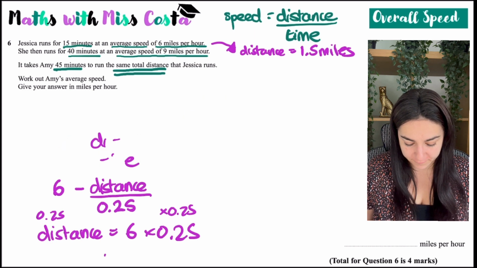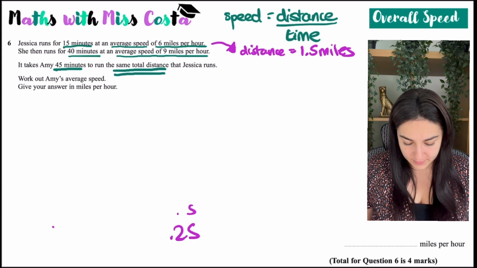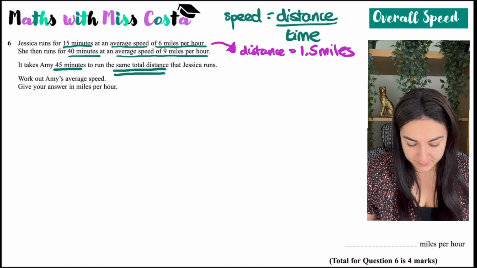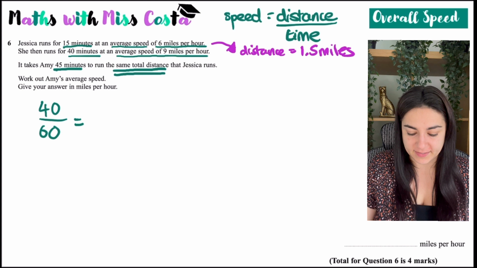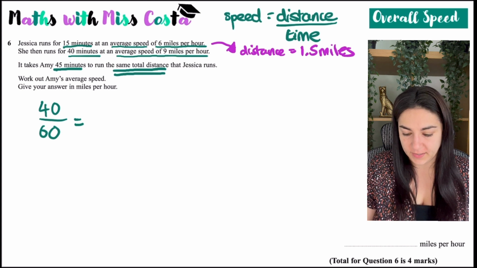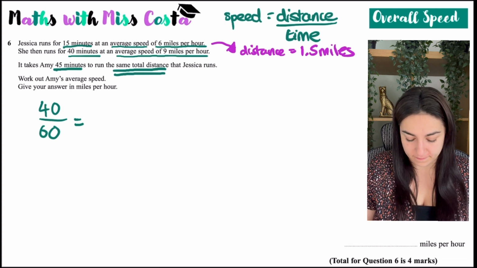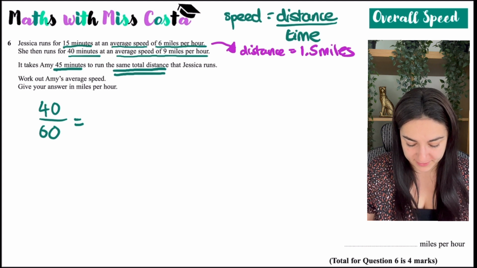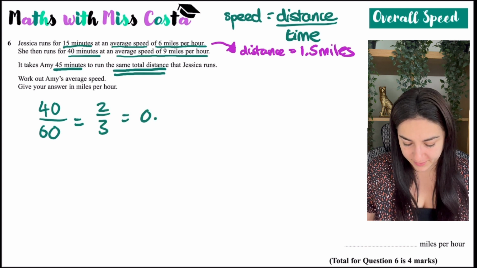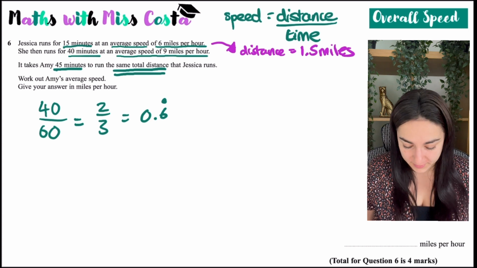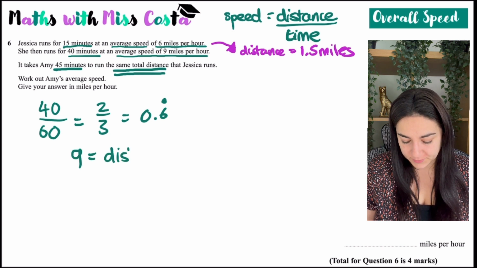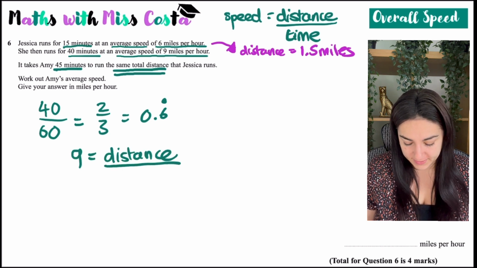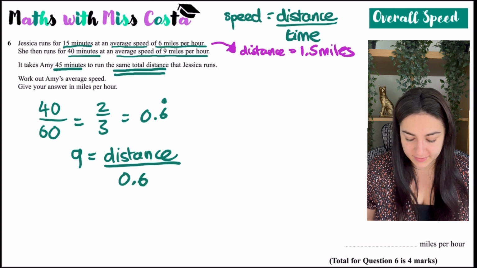Okay, so then I can do the same for the next part. So she runs for 40 minutes. So let's work out what 40 minutes is first. So 40 over 60. I can just type that into my calculator because this is a calculator question. I can leave that as a fraction because otherwise it's going to be 0.6 recurring, whichever you feel more comfortable with, at an average speed of 9 miles per hour. So her speed, 9, is the distance, which I'm trying to find out, divided by 0.6 recurring. Be very careful.